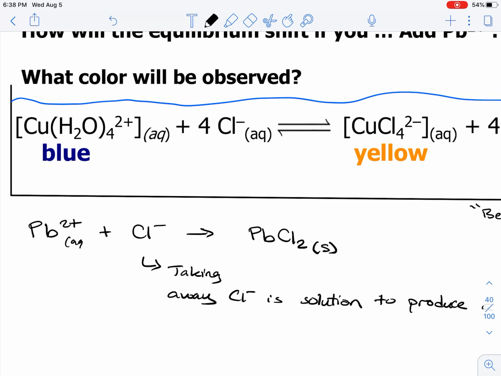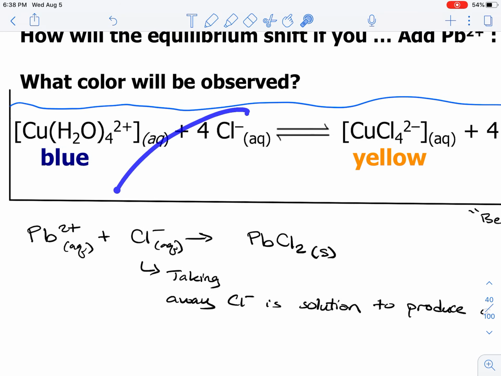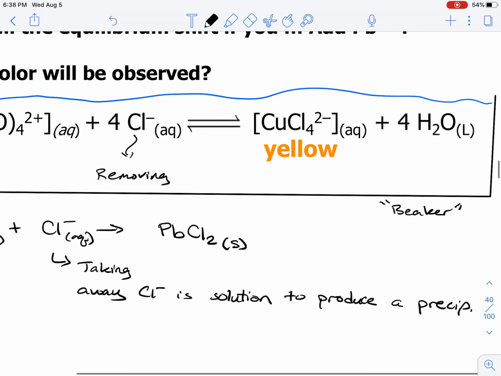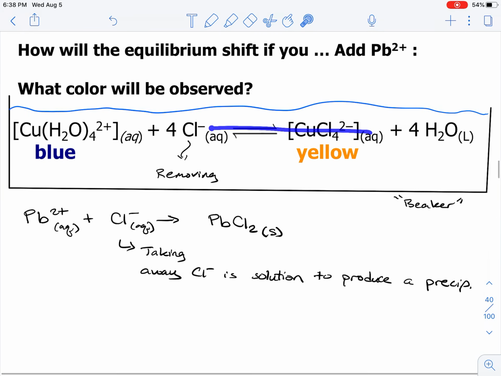Let me put in some physical states of matter here. Notice that this lead(II) ion is the same ion, same physical state of matter. What you're doing is removing the free chloride ions. To compensate for the loss, the equilibrium will shift to the left.